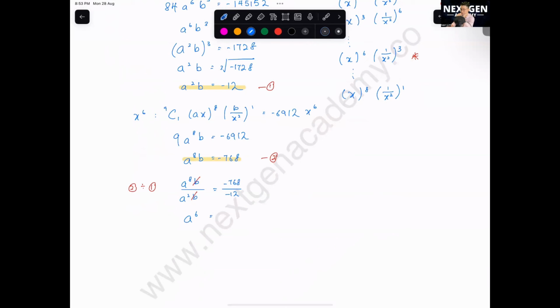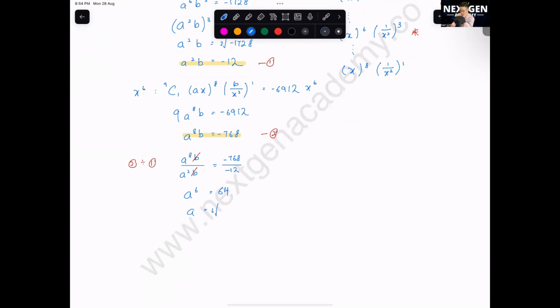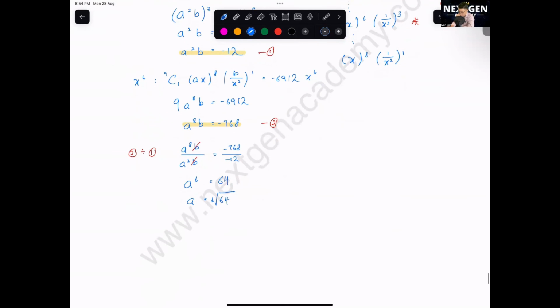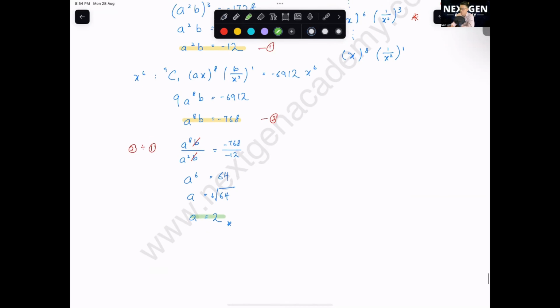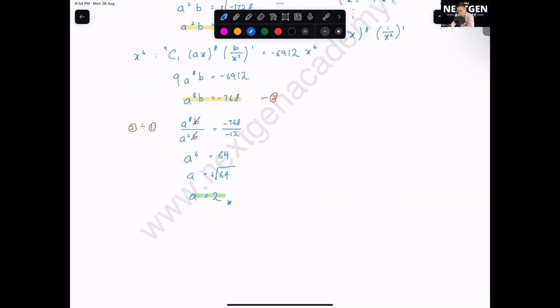So this one becomes a to the power 6 equals 64. a equals the sixth root of 64, which equals 2. This will be my answer. Then I substitute this into equation 1. You get 2 squared b equals negative 12. b equals negative 3.